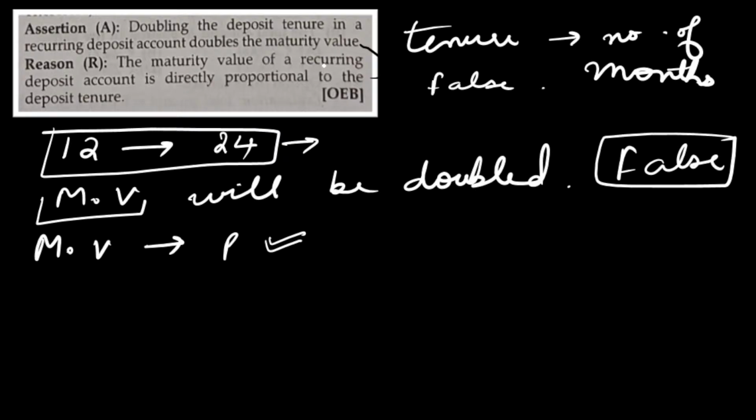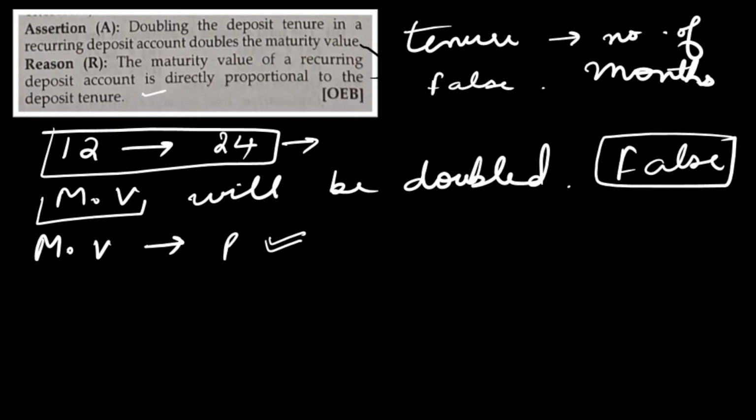The second statement: the maturity value of a recurring deposit account is directly proportional to the deposit tenure. So what about this? Do you think it's directly proportional or it's inversely proportional?